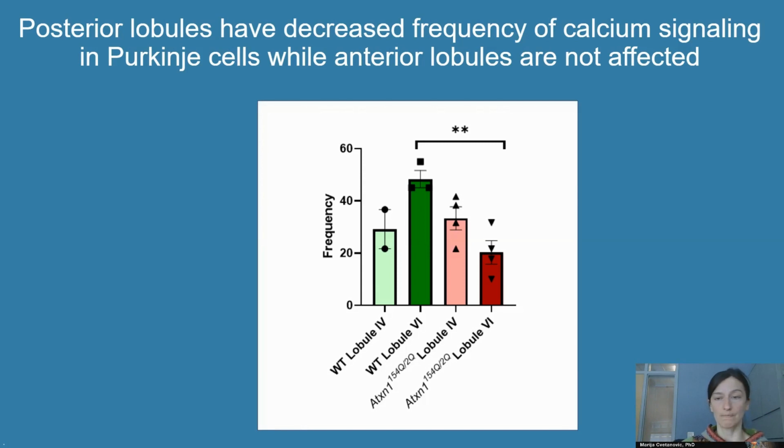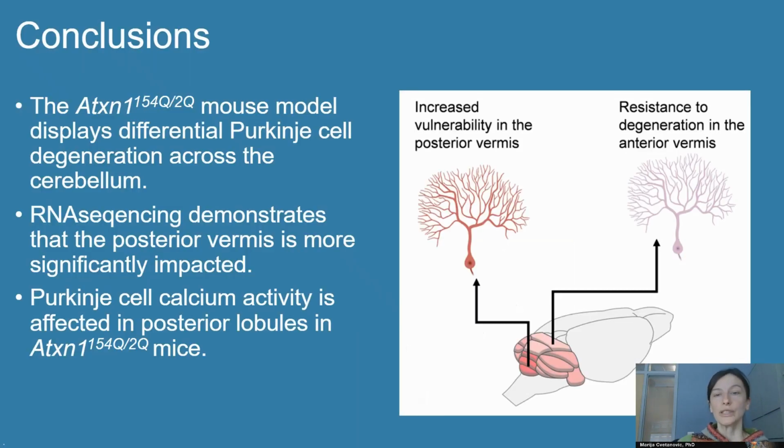So from this, we conclude that this mouse model displays differential Purkinje cell degeneration across the cerebellum, with increased vulnerability in the posterior vermis and relative resistance to degeneration in the anterior vermis. And then we can use molecular and functional assays to further probe that. RNA sequencing also demonstrates that the posterior vermis is more significantly impacted.